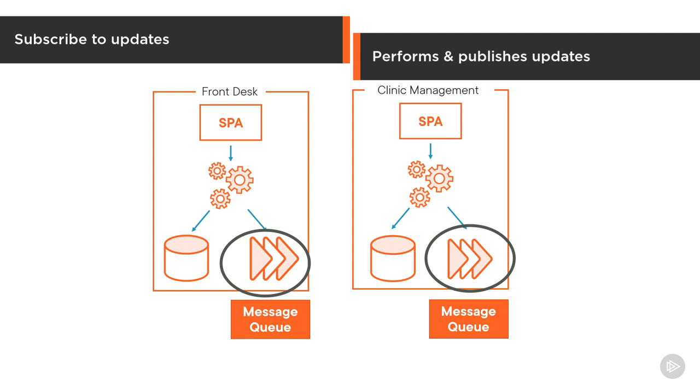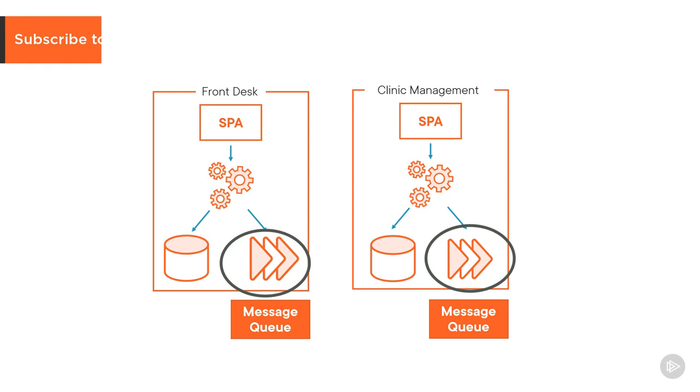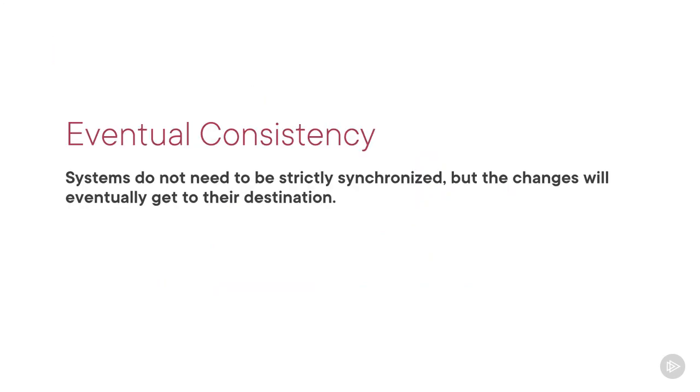This is one of the simplest and most common approaches. One app is responsible for updates, and the other apps just subscribe to the changes and are notified when they occur. This is an example of eventual consistency. The two systems aren't immediately kept in sync using a transaction or something similar, but through message queues, eventually the different bounded contexts are updated to the new state when a change is made.